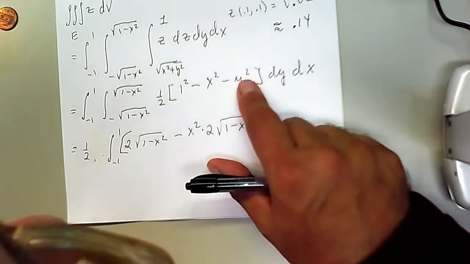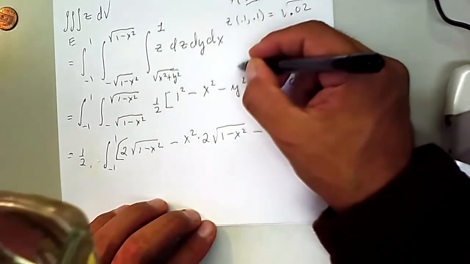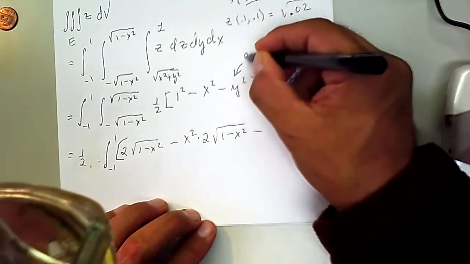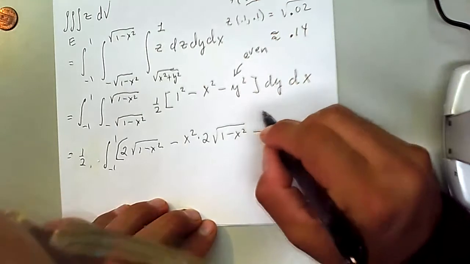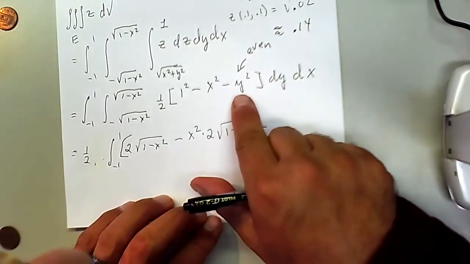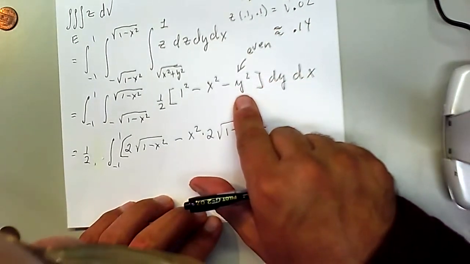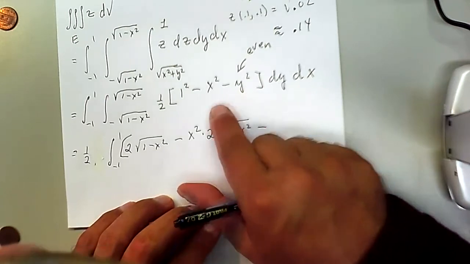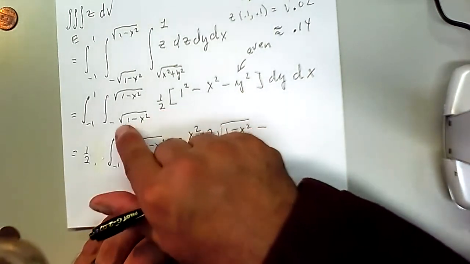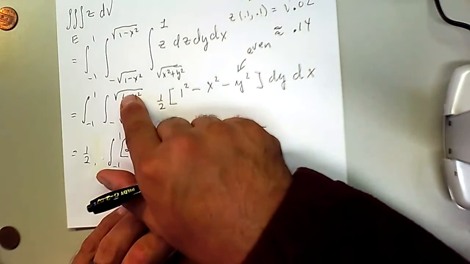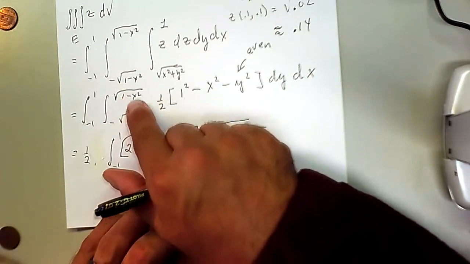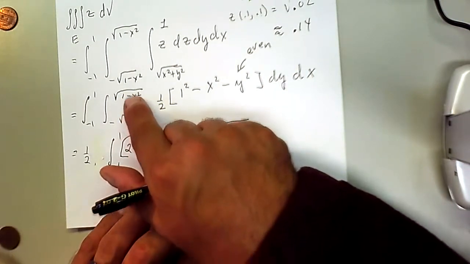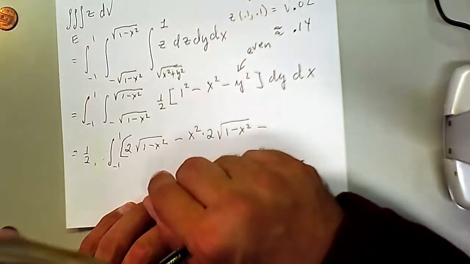And this is an even function with respect to y. So really, an even function, as you know, when you have the integral of an even function from a negative of a value to the positive of the same value, is the same thing as going from 0 to that value and then doubling it.